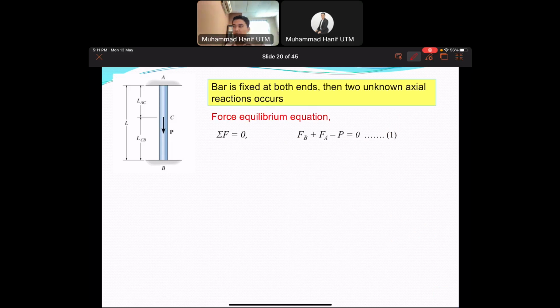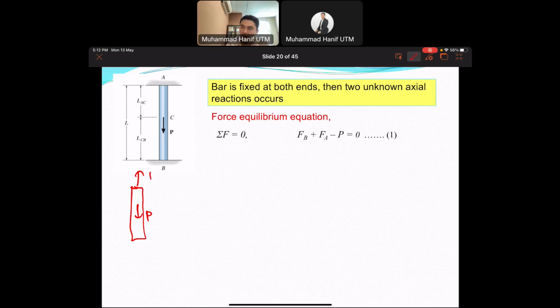So you just draw the FBD. For the first FBD, of course, you eliminate all the outside supports, the reactions, the wall, the floor, so you remain with the bar only. When the bar has this external force, you will have internal forces at the joints, joint A and joint B. Joint A here will act upwards, because when you pull the bar down, the top one will have a reaction to pull.